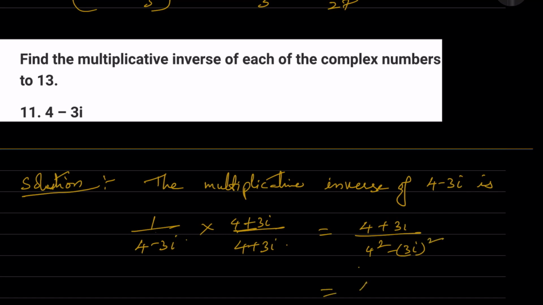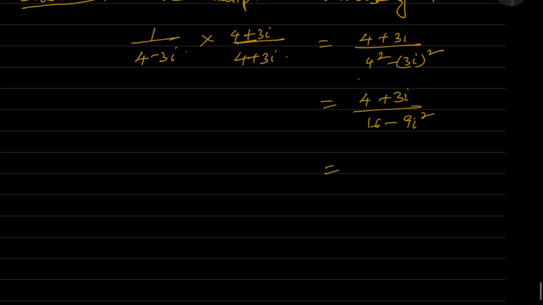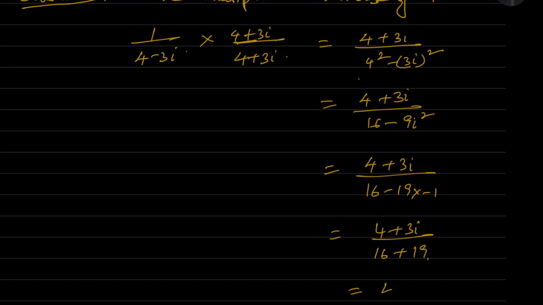So which is equal to (4 plus 3i) divided by (16 minus 9i square). So which is equal to (4 plus 3i) divided by (16 minus 9 into minus 1), which is equal to (4 plus 3i) divided by (16 plus 9), which is equal to (4 plus 3i) divided by 35.